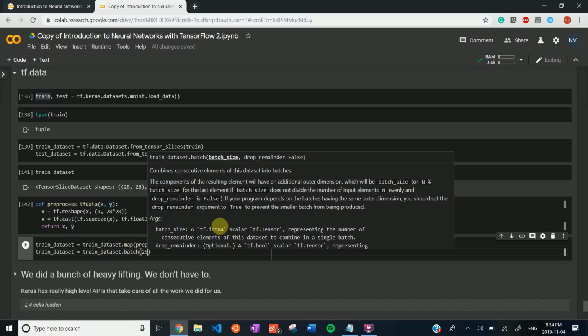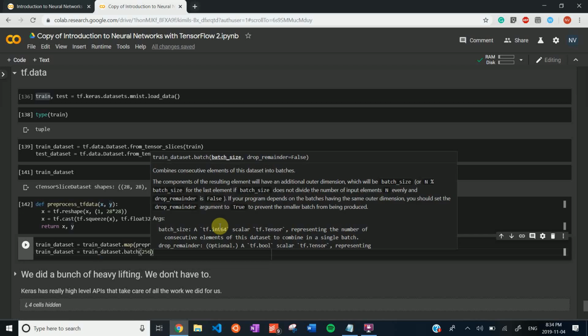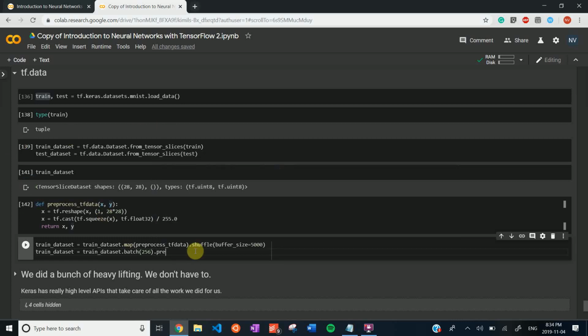Batching is what I was talking about before. We're creating these little chunks of data, and right now we're creating chunks of size 256. And we're going to do this prefetch. It's important, but you don't have to think about it too hard. Essentially, we want more performance out of this data set. And so when the model is processing one example, we want it to grab the next one for us while waiting.